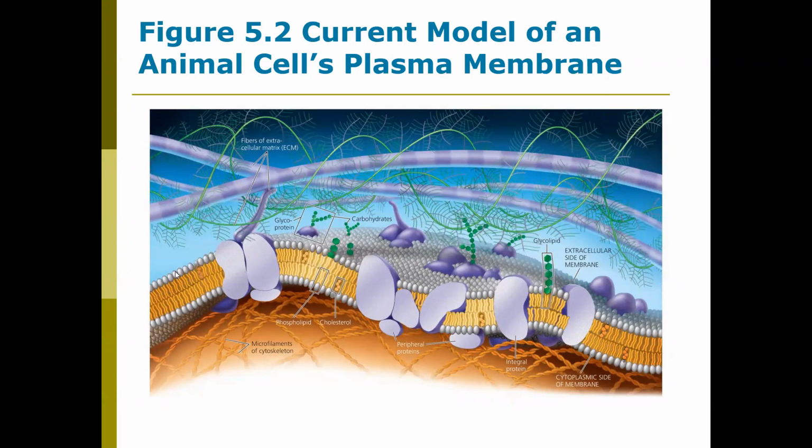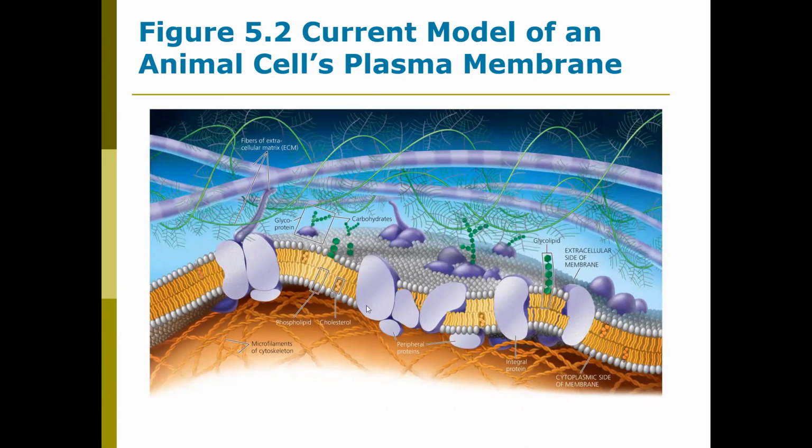You can see the hydrophilic heads facing outside and inside the cell, and the hydrophobic tails facing each other. Another thing you'll notice is cholesterol. Cholesterol, we talked about as a steroid. So it's a lipid, and this cholesterol is going to help stabilize the plasma membrane.